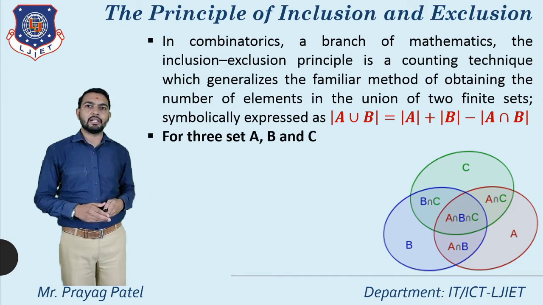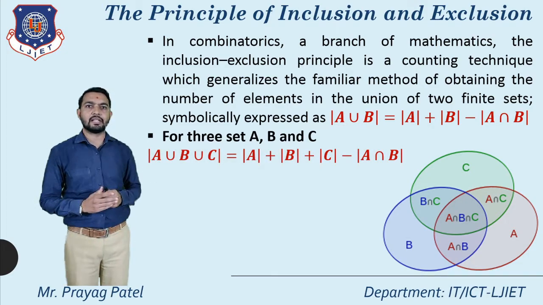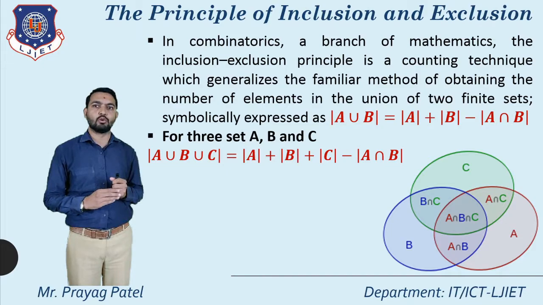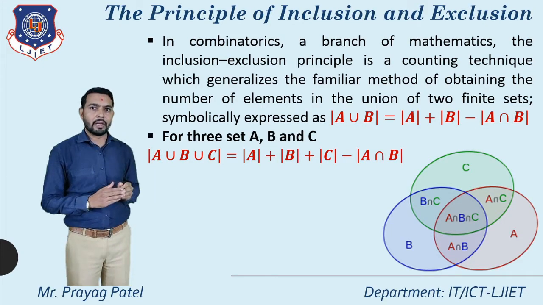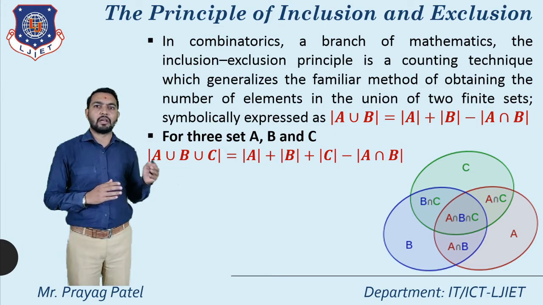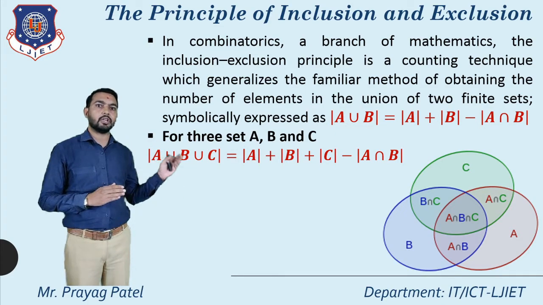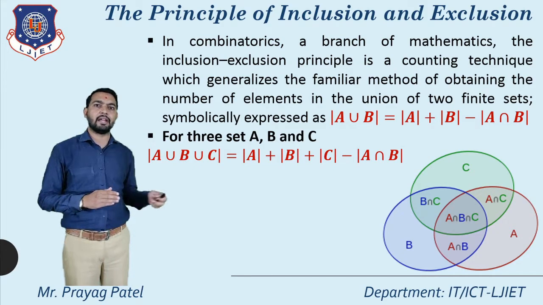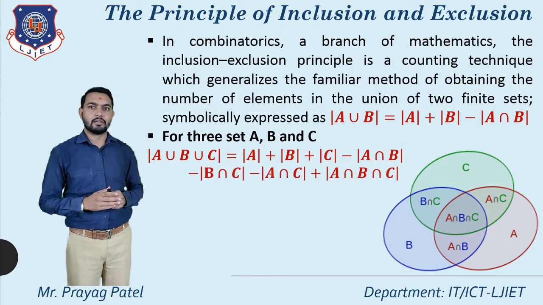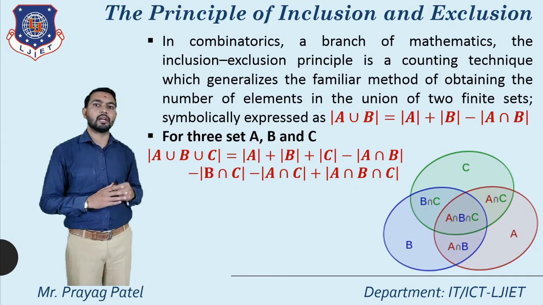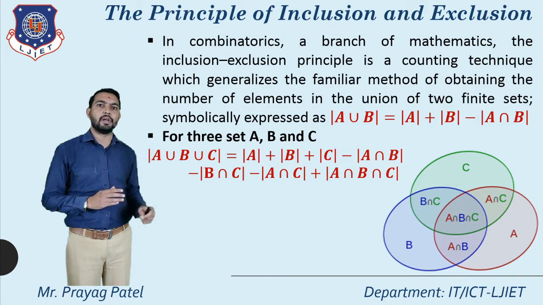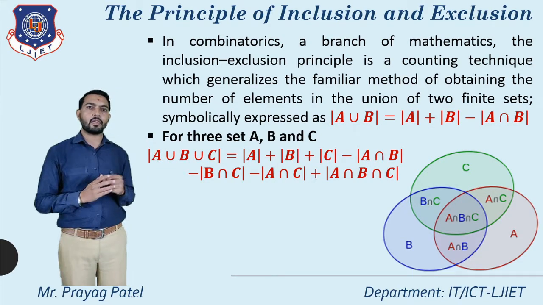For three sets A, B and C, |A ∪ B ∪ C| equals |A| + |B| + |C|, minus the combinations of two: |A ∩ B|, |B ∩ C| and |A ∩ C|. Then we add the third component, |A ∩ B ∩ C|.